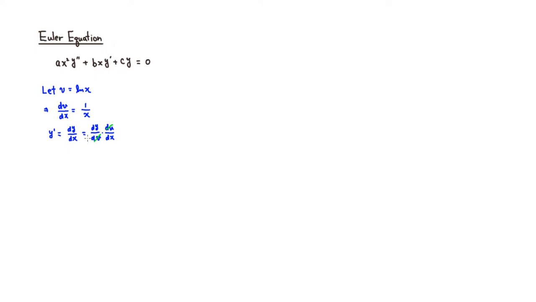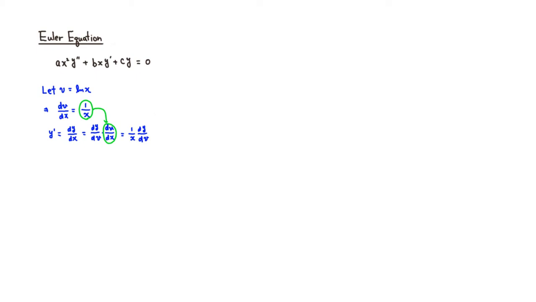But dv over dx is 1 over x, so we can plug this in to rewrite y prime as 1 over x times dy over dv. That's one way to rewrite y prime.